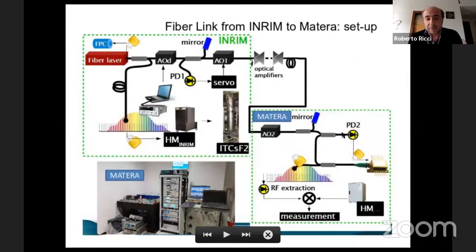This is a brief description of the schematics of the way the frequency link in Matera works. On the bottom left part, there is a picture of the time and frequency lab in Matera with the optical frequency comb in the center.